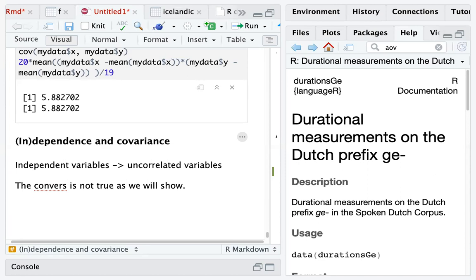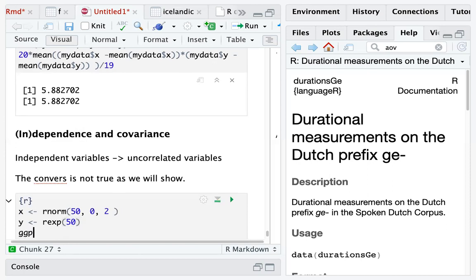What does it mean, independent variables? Well, let's plot some independent variables. Let's take x as a random normal, let's say 50 instances, distributed around 0 with standard deviation 2, while y will be a random exponential. Since I've built it, I know that they are independent.